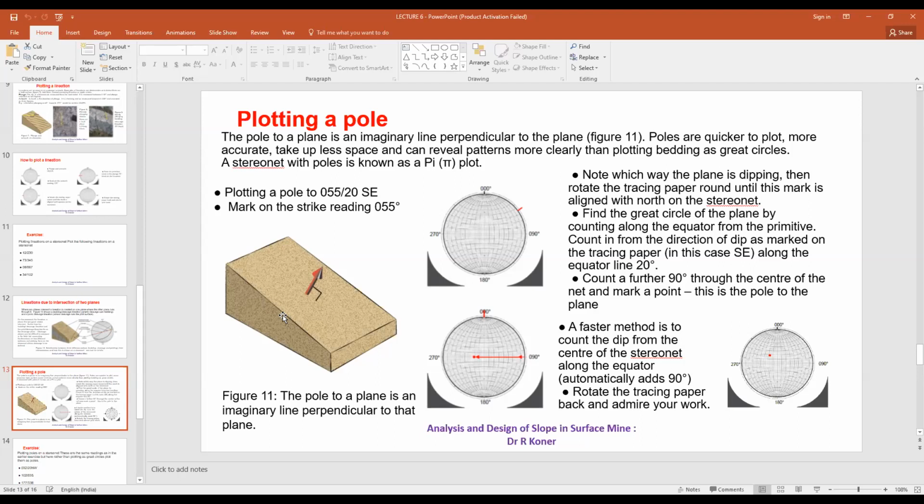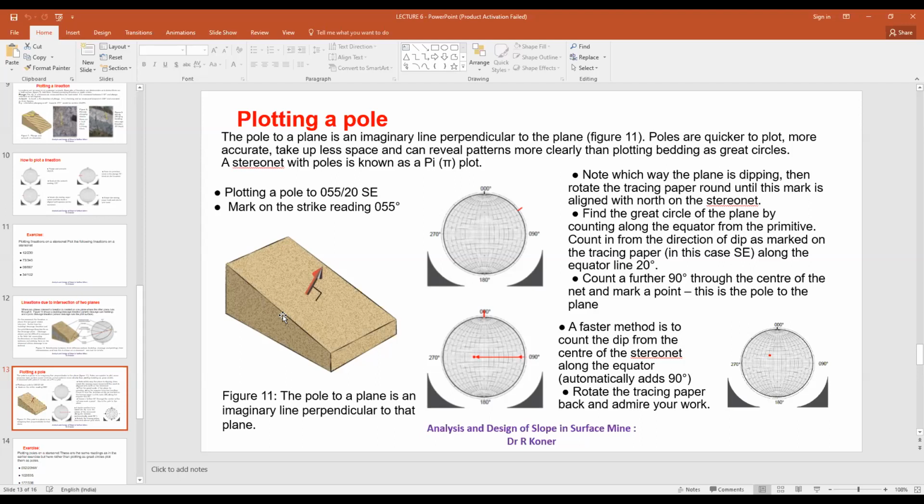How to do that? The pole is basically an imaginary line perpendicular to the plane. A pole is very quick to plot. We have discussed polar equatorial, polar equal angle, polar equal area. That stereo net is very easy to plot the pole, but there are other limitations, that is why you are not using it.